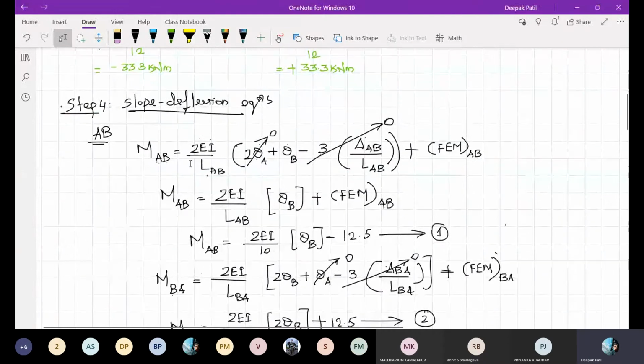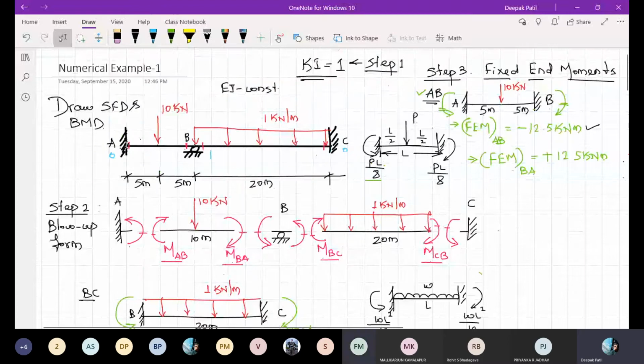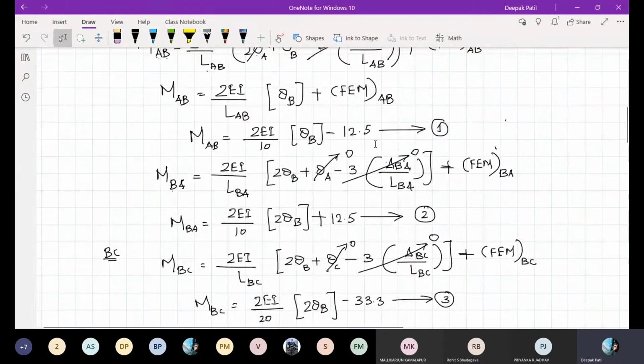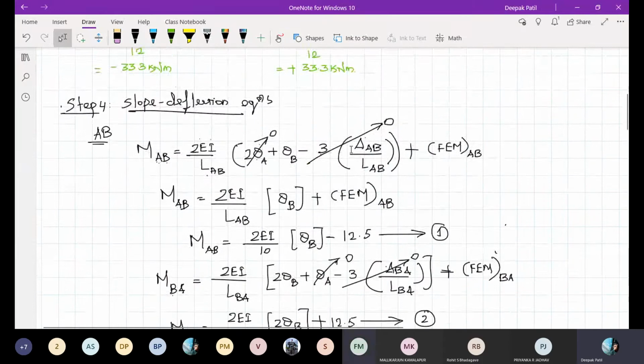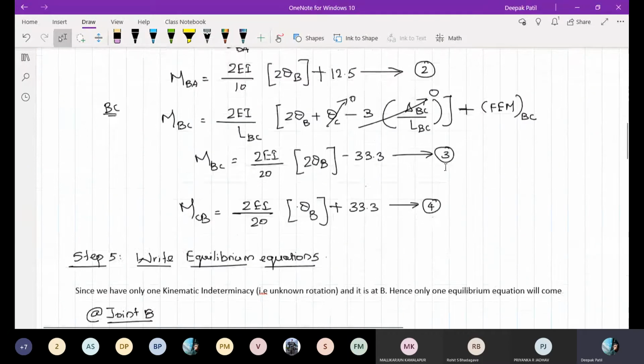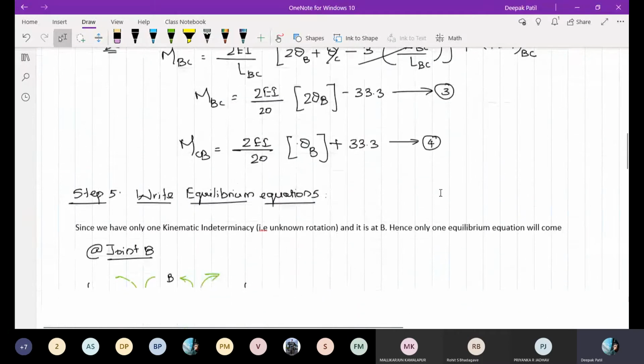And then we wrote the slope deflection equations for each span two times. For each span, you have to write the slope deflection equation two times, one for moment AB and one for moment BA. And in span BC also two times, one for moment MBC and one for moment MCB. So totally we wrote four slope deflection equations, 1, 2, 3, and 4, right?